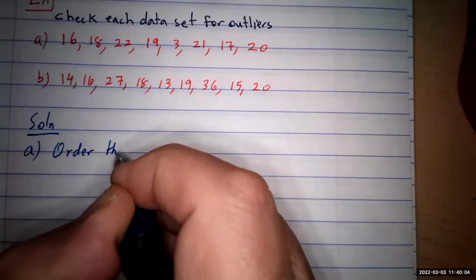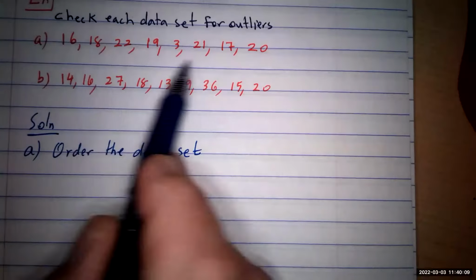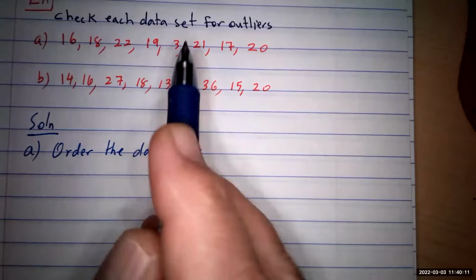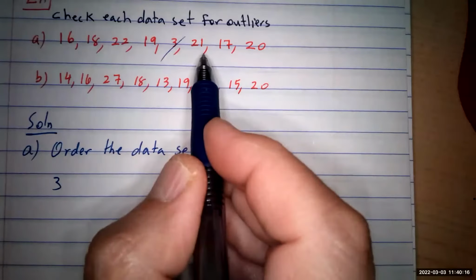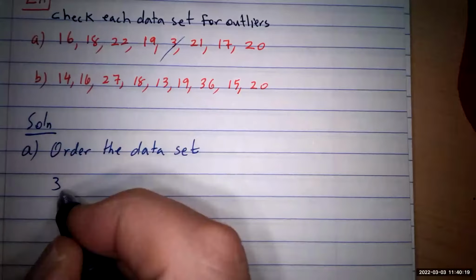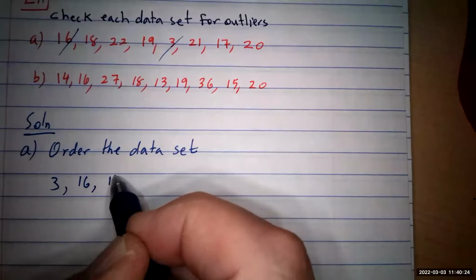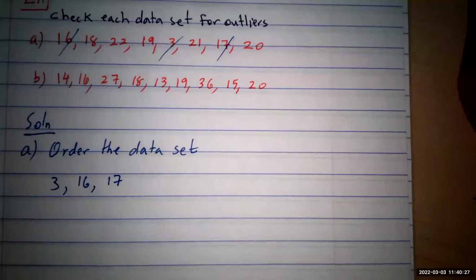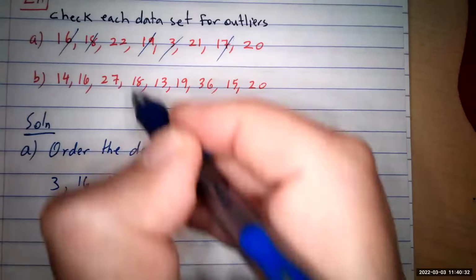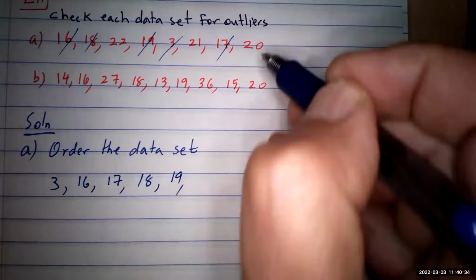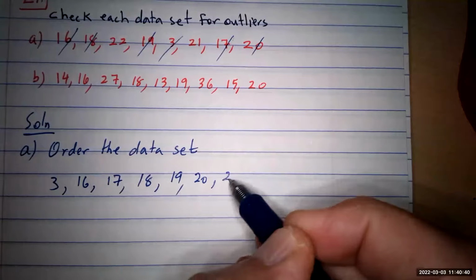the data set. The smallest value is 3. Then you go to the next number, which is 16, then 17, and you continue, we get 18, 19, 20, 21, and 22.